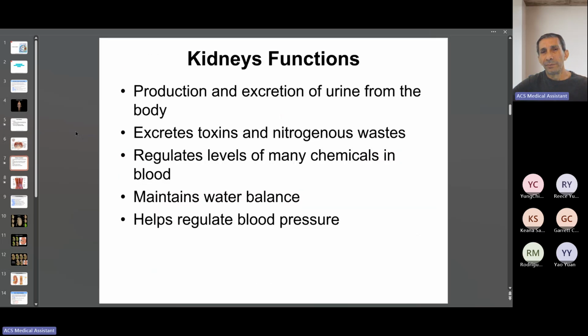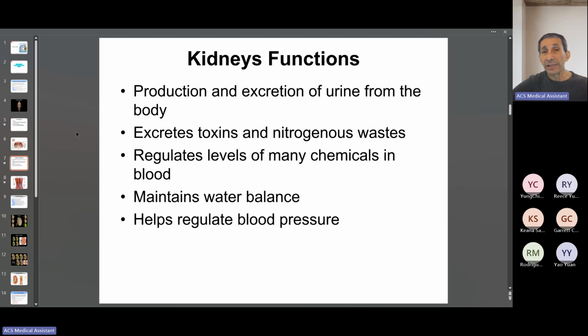So moving on. We talked about these functions in particular, but we are going to be a little more specific as we move forward with this chapter. So the kidney's functions: production and excretion of urine from the body.